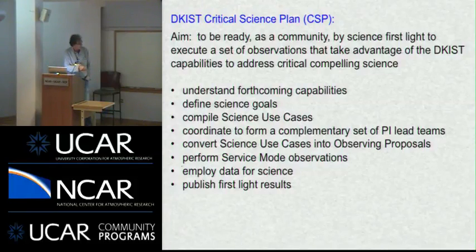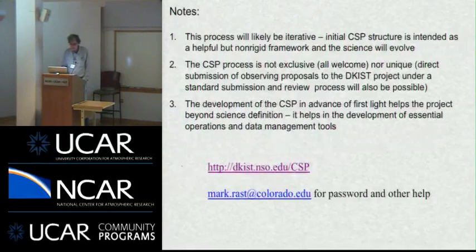Then perform those observations based on those proposals, employ that data for science, and publish the first light results. That's a rough outline of the sequence of events between now and September of 2019.